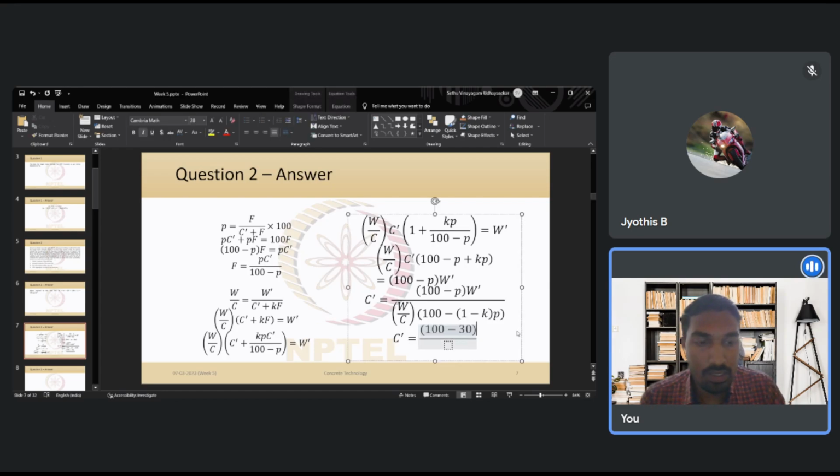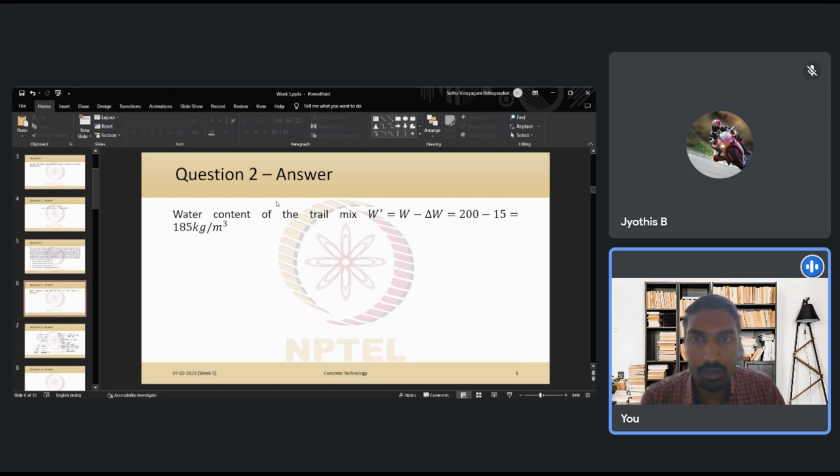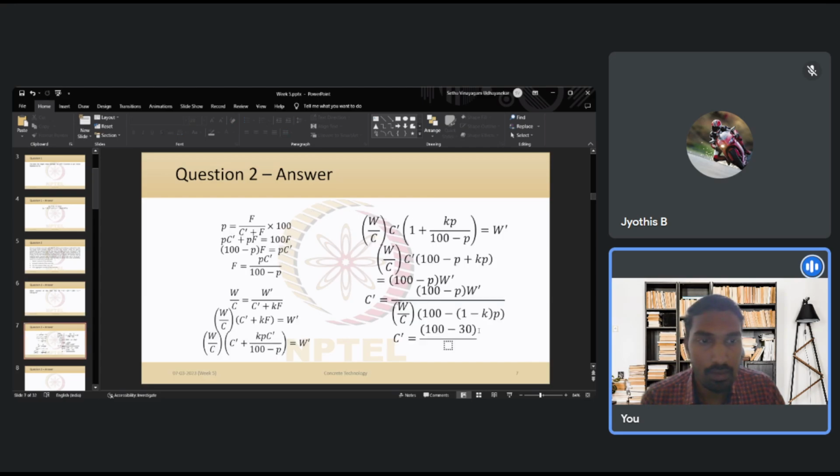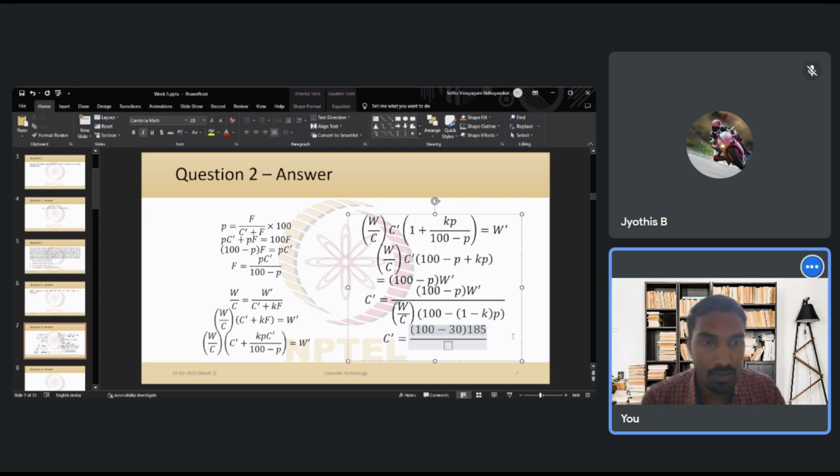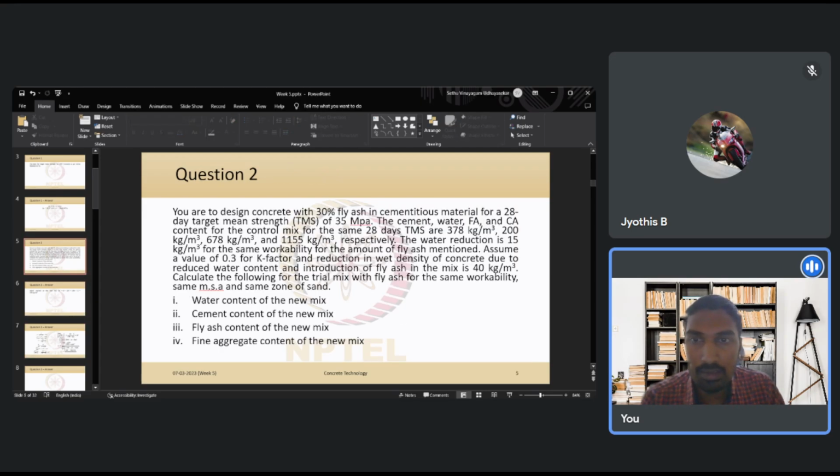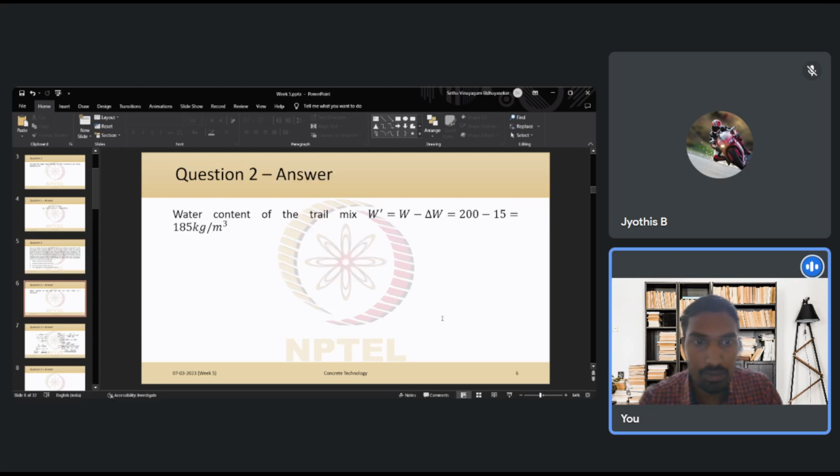And the new water content, we already found that as a part of the previous question, it is 185. Into 185, divided by the water to cement ratio we need. It's not given directly, but we know the water content and the cement content. The cement is 378 kilogram per meter cube and water is 200 for the control mix.